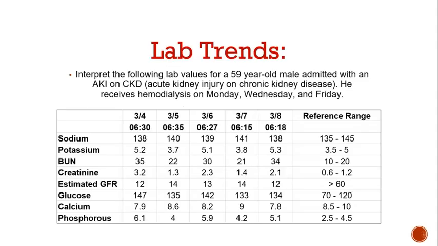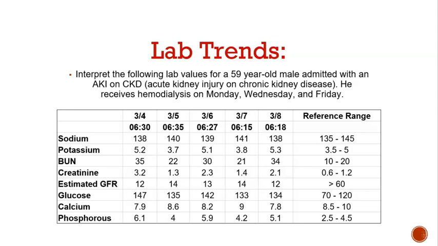With these labs, you can see that the patient's kidney functions and electrolytes fluctuate based on their dialysis schedule. And this is typical of dialysis patients. If they go to dialysis one day, their morning labs the next day typically look a little bit better.